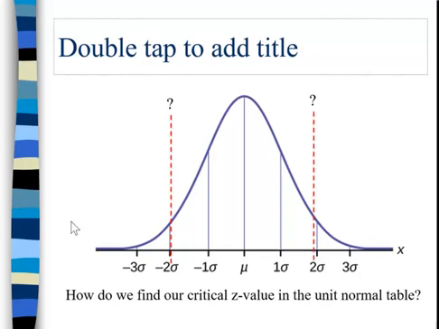And what we need to do is find the z-scores that correspond with this middle 95% in the unit normal table. And there's a couple of different ways that we can do this. It involves either dividing 95% by 2 or dividing the alpha by 2, right?